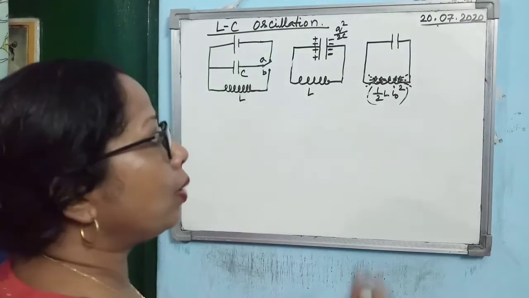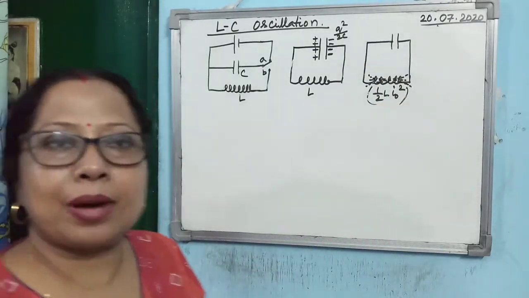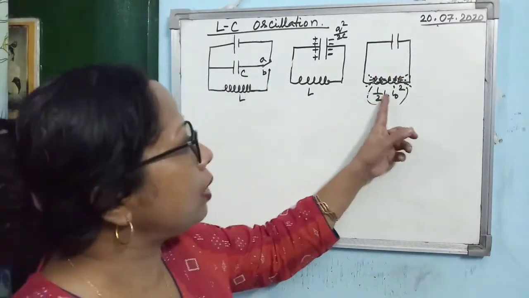Alright. Now what is the next step? When the current becomes maximum and the capacitor is fully discharged, what will happen?